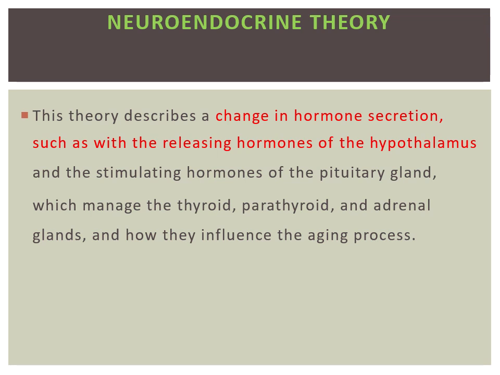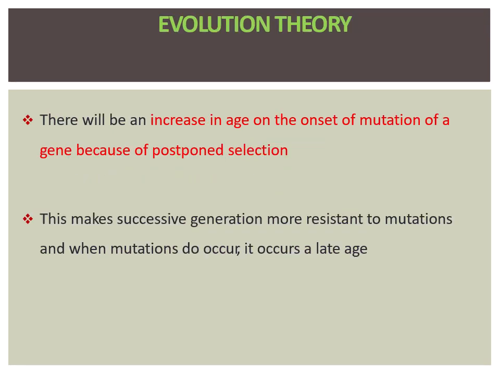Evolution theory states that there will be an increase in age at the onset of mutation of a gene because of postponed selection. This makes successive generations more resistant to mutations, and when mutations do occur, they occur at a late age.